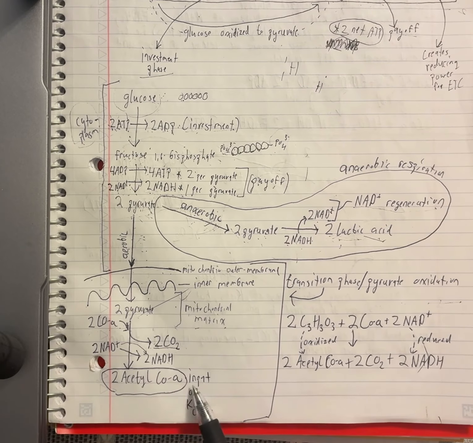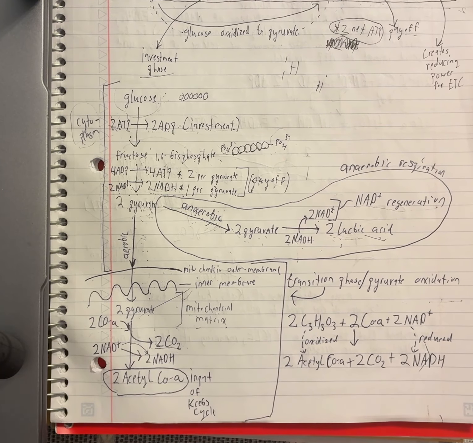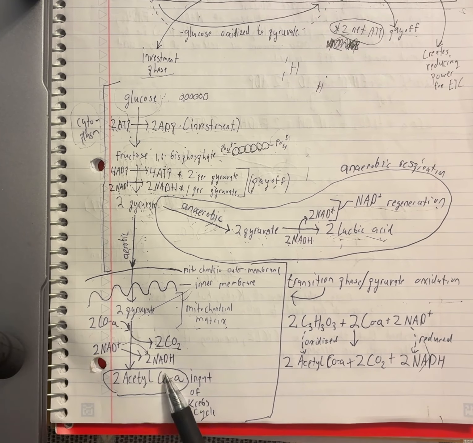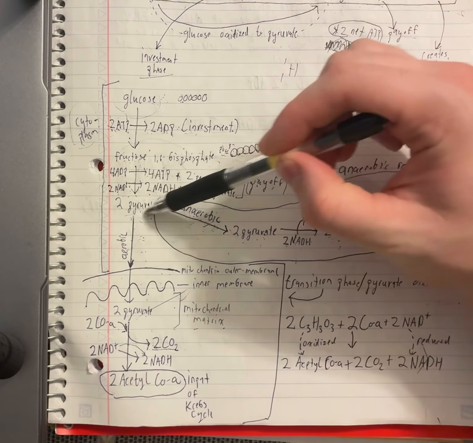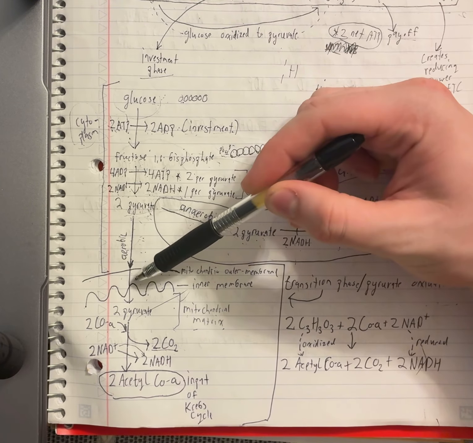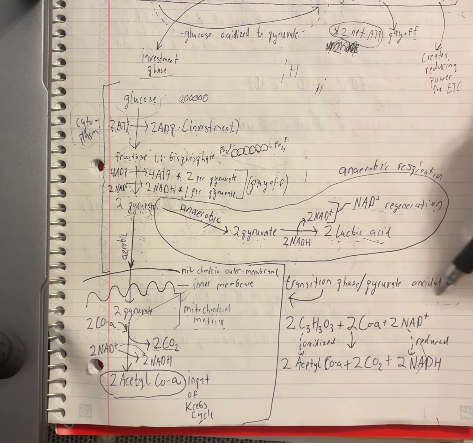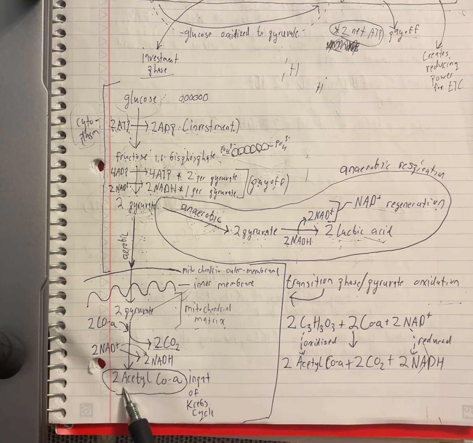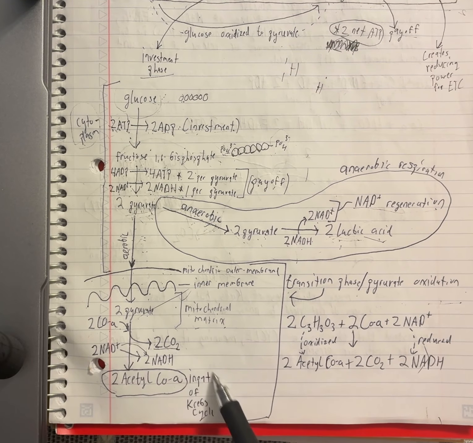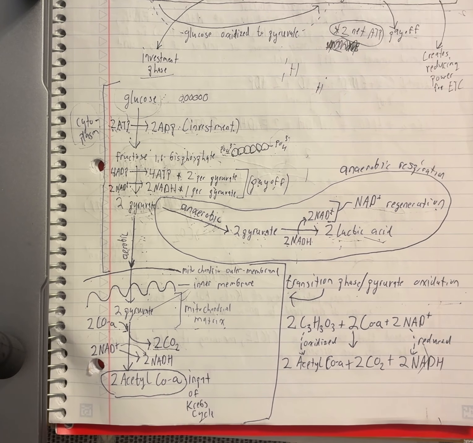And this is going to be the input of the Krebs cycle. So it's important to remember the end of glycolysis is pyruvate. And then if we go the aerobic route in the pyruvate oxidation or transition phase, we're going to end up with acetyl-CoA, which is going to be the input for the Krebs cycle.